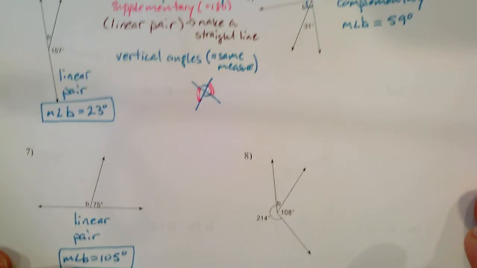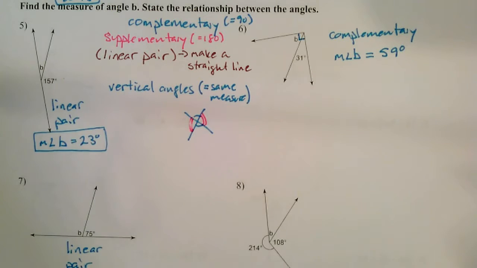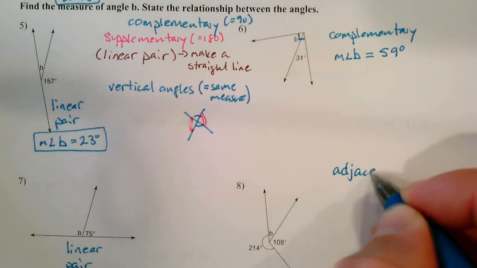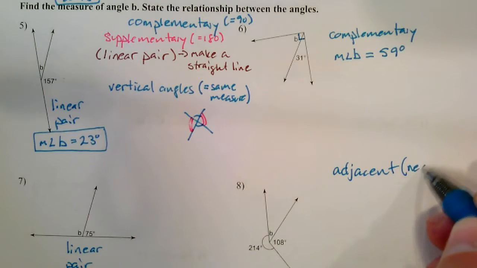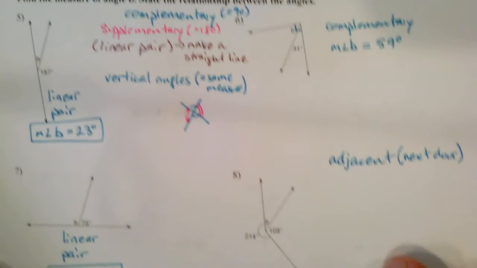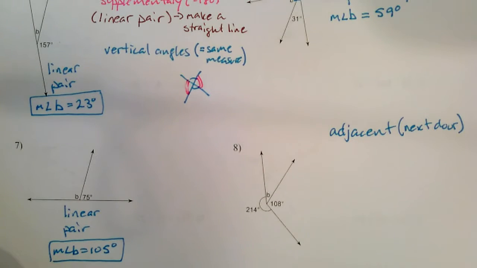The last one here. Oh, forgot to mention this one. Sometimes another one is simply adjacent, which is our shorthand here for next door angles. These two angles, B and this 108, they're just next door to each other.